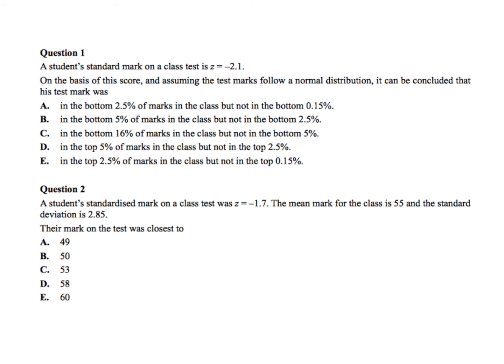Okay, so a student's standard mark on a class test is negative 2.1. On the basis of this score and assuming the test marks are normally distributed, it can be concluded that... So if I think about where this falls on our bell shape, -1, -2, -3, it's somewhere in here.